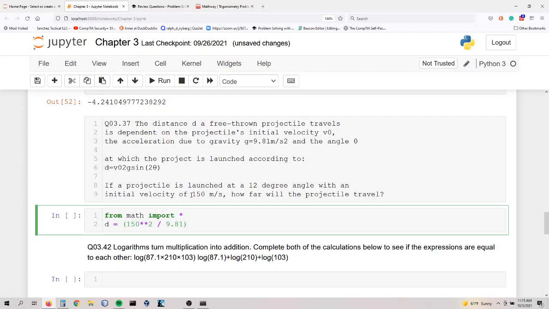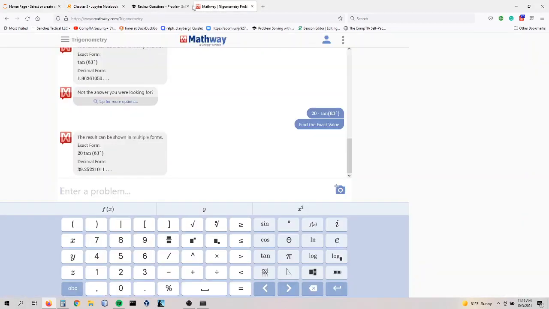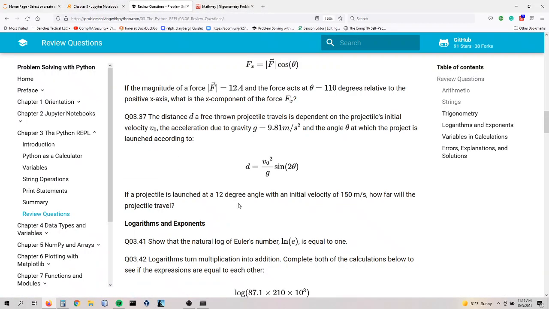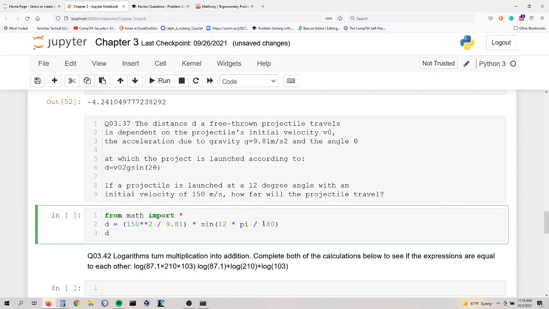Next, after we find that ratio, we're going to multiply by sine, and it's 12 degrees, so since it's degrees again, I want to turn this into radians by multiplying by pi and dividing by 180, because it's just what's working, I don't know. How weird that they put, oh, it's 2 times theta. Okay. I was like, why do they have that there? So, alright.